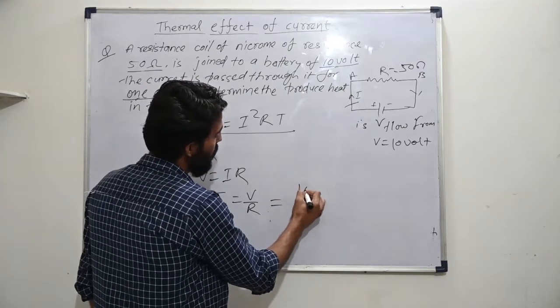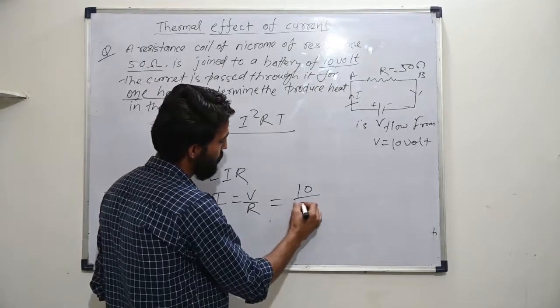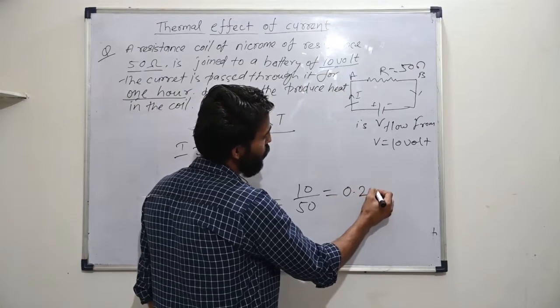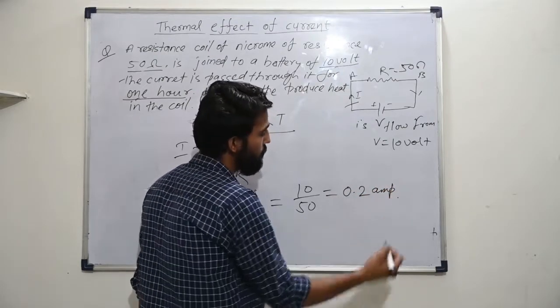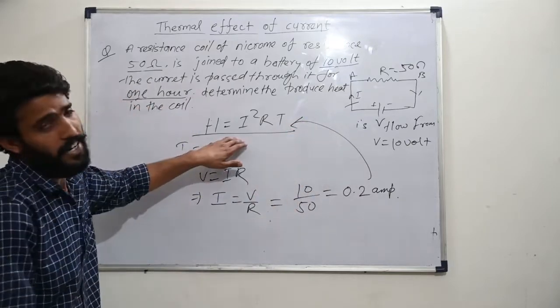So V equals 10 volt and R equals 50 ohm, this gives 0.2 ampere.